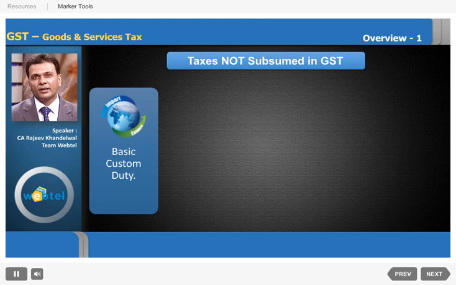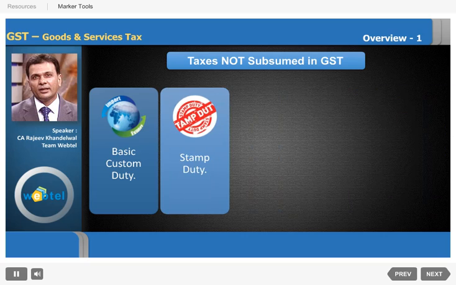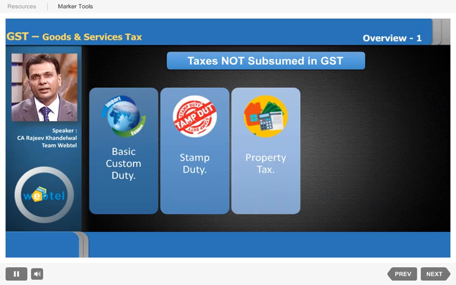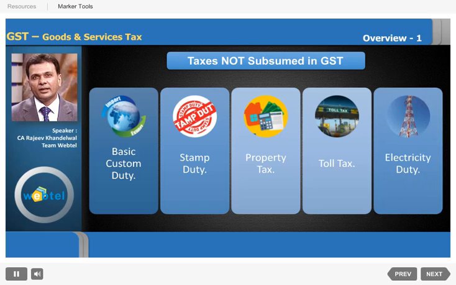The CVD and SAD will not be paid and will be subsumed in GST, but the basic customs duty will have to be paid and it will be a cost to the person. Similarly, the stamp duty, when you pay stamp duty in various states for transfer of property, etc., you pay property tax, you pay toll tax, you pay electricity duty, etc. All these taxes are not subsumed in GST and they will continue to be levied.